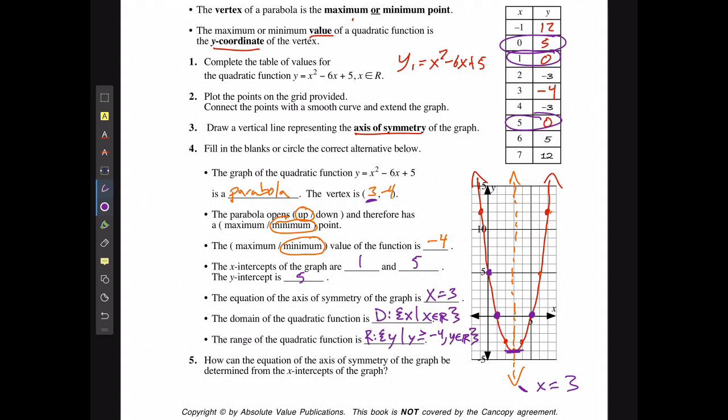How can the equation of the axis of symmetry of the graph be determined from the x-intercepts of the graph? Well, if it's symmetrical on both sides, then that means that it has to expand out equally from that axis of symmetry. So from this vertical line, it moves 2 to the left or 2 to the right. So the axis of symmetry has to be exactly halfway between the two intercepts.